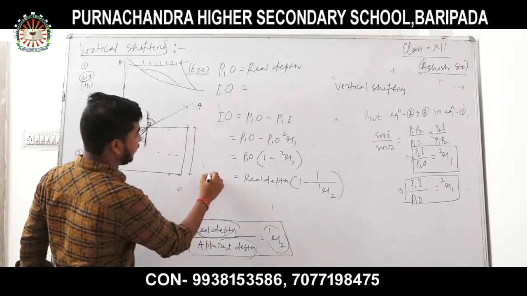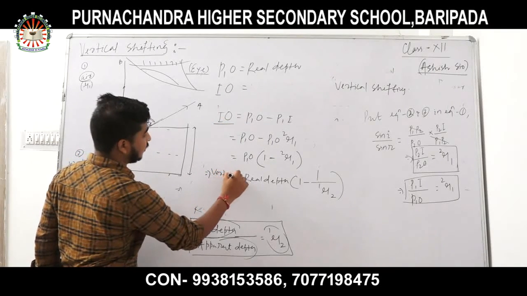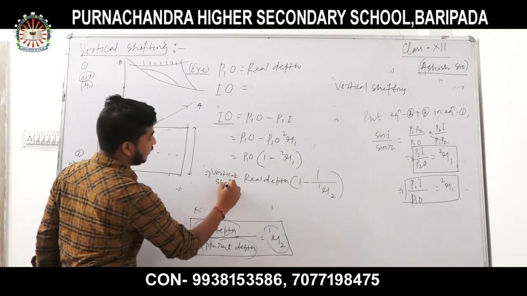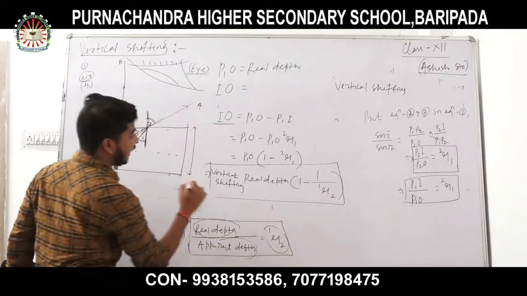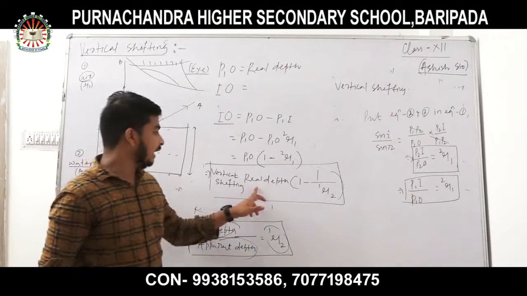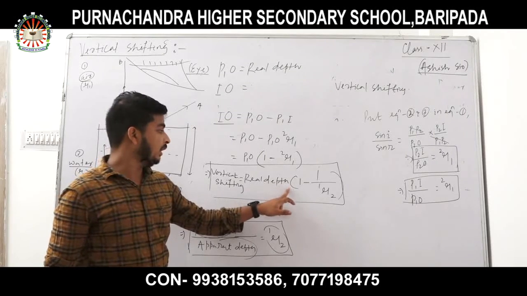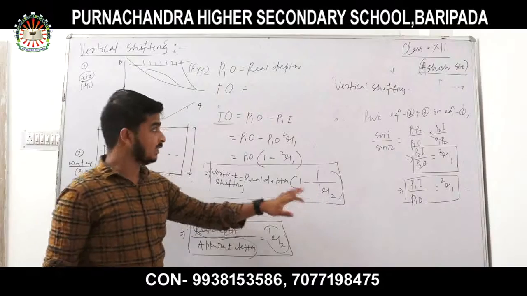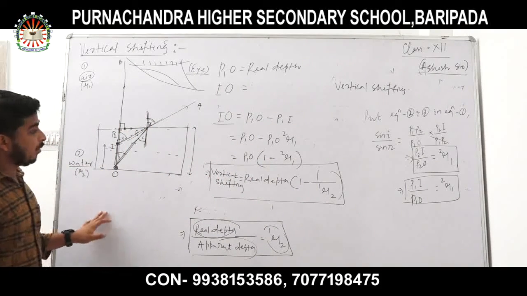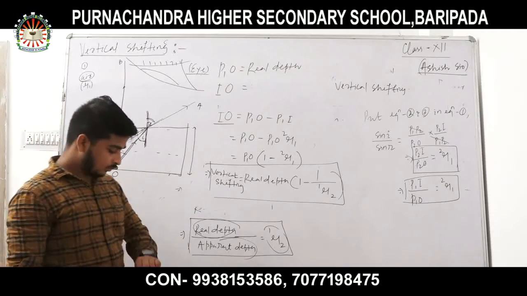This is the expression for the vertical shifting: vertical shifting equals real depth into 1 minus 1 by refractive index. This is the expression for vertical shifting, and this is all about refraction.